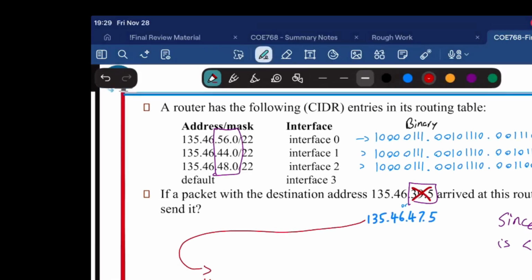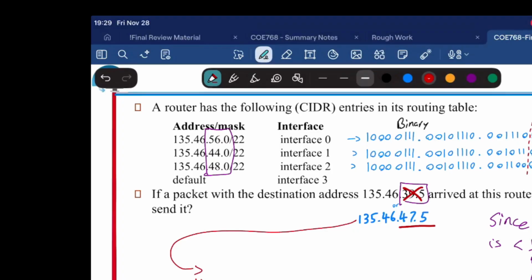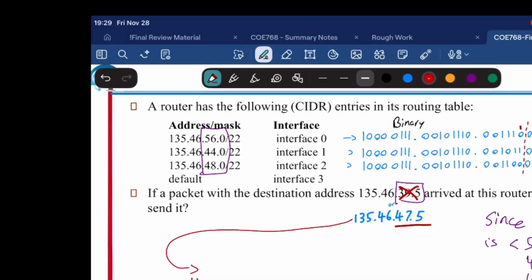Okay. When we move to the next one, which is the 47.5, the first check, as I should have done previously, is to see whether this falls under any of these ranges. So we see that it falls under this 44.0. It is greater than that, therefore it could come after this. But to verify whether it will or won't, we would end up drawing a line here. That's what this line is for, stating that this is the 22nd bit that we have.